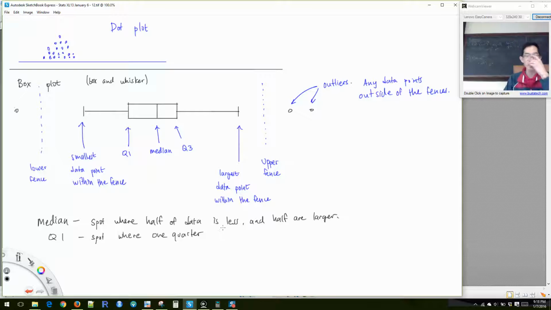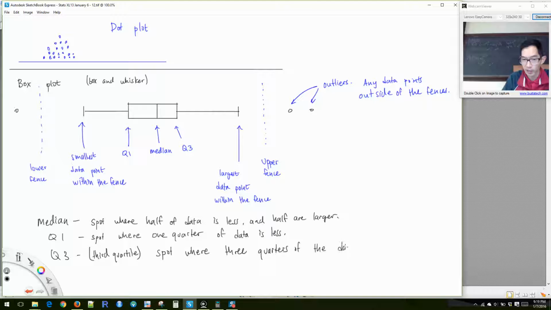Q1 is known as the first quartile, the spot where 1/4 of the data is less. Q3 is the third quartile. This would be the spot where 3/4 of the data is less.